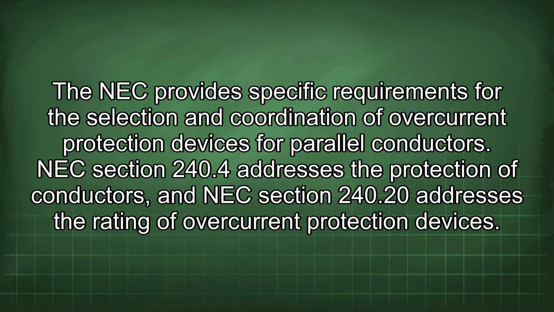The NEC provides specific requirements for the selection and coordination of overcurrent protection devices for parallel conductors. NEC Section 240.4 addresses the protection of conductors, and NEC Section 240.20 addresses the rating of overcurrent protection devices.